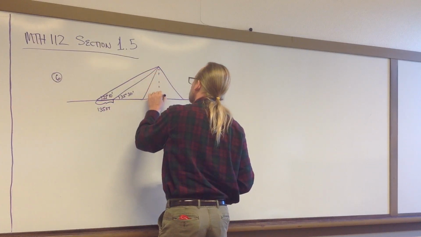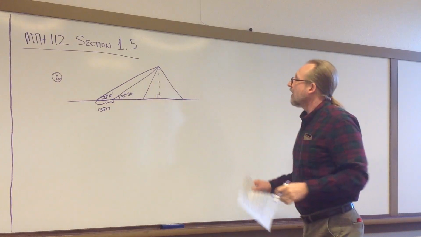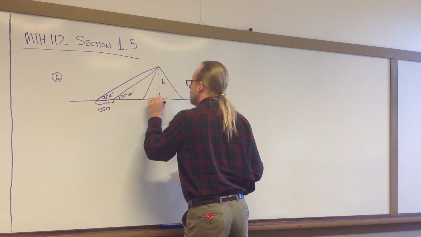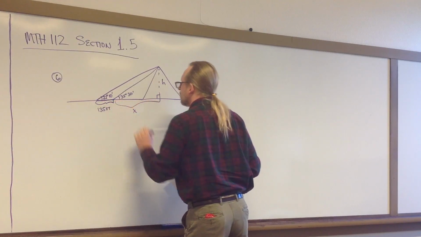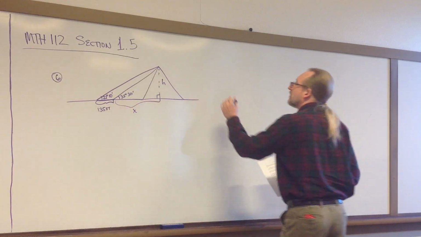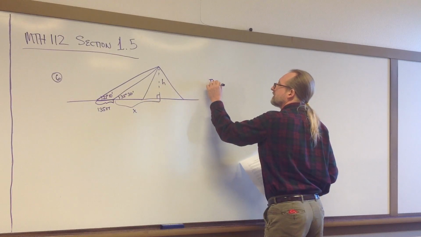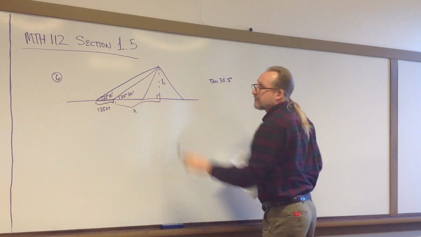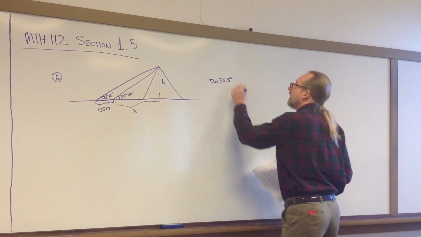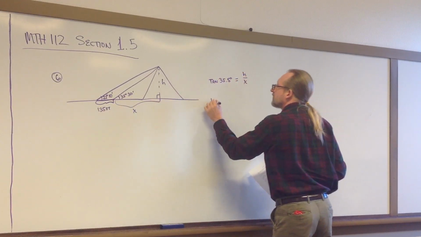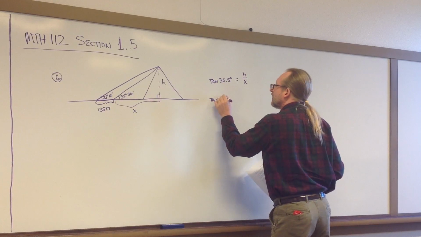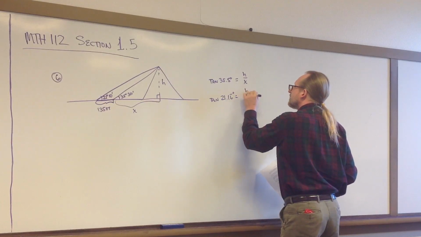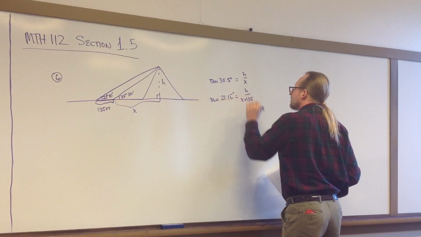So this is the scenario that I was talking about a few minutes ago, where this is going to be our H, this will be the X. And so we'll start out, let's see, tangent 35, this is 0.5 degrees, right? That 30 minutes is a half a degree, and that'll be H over X. And then the second one, 21.16 repeating degrees, that's going to be H over X plus 135.